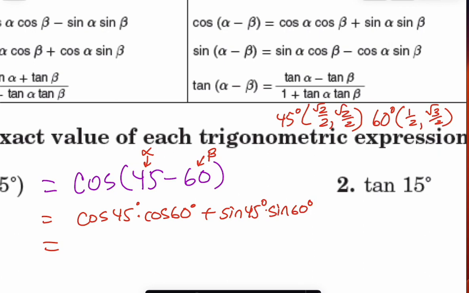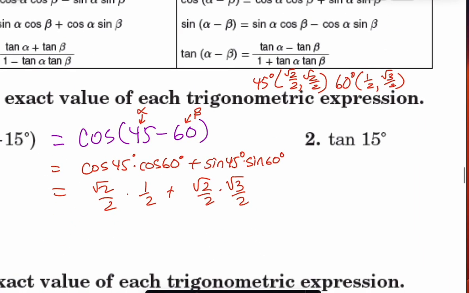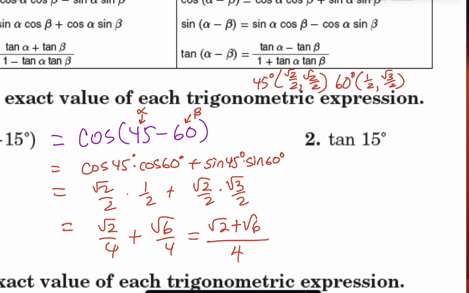If we apply what we know about the unit circle, this would be square root of 2 over 2. The cosine of 60 is 1/2. The sine of 45 is square root of 2 over 2. The sine of 60 is square root of 3 over 2. So please simplify this down until we have one fraction as our answer. This would be square root of 2 over 4 plus square root of 6 over 4, which is square root of 2 plus square root of 6 all over 4.